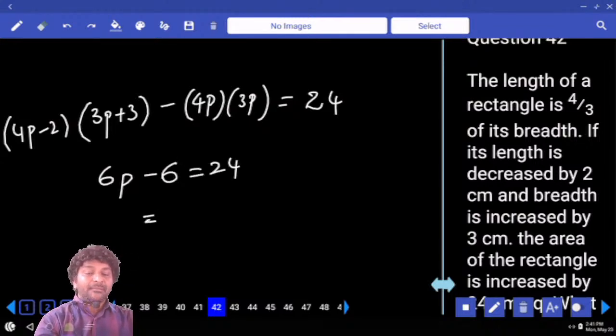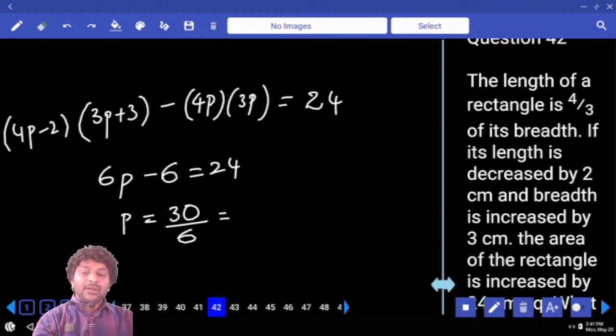Minus 6 goes to the other side. 6 parts is equal to 30. Then p is equal to 5. And length is equal to 4 parts, which is 20.